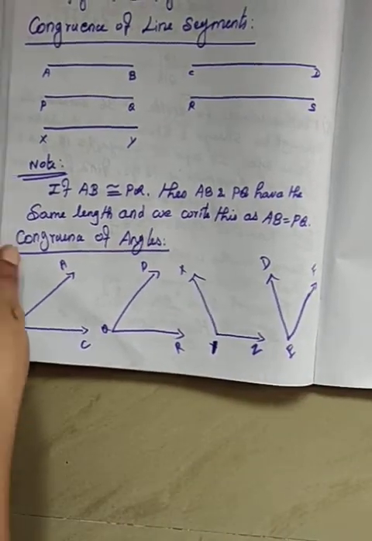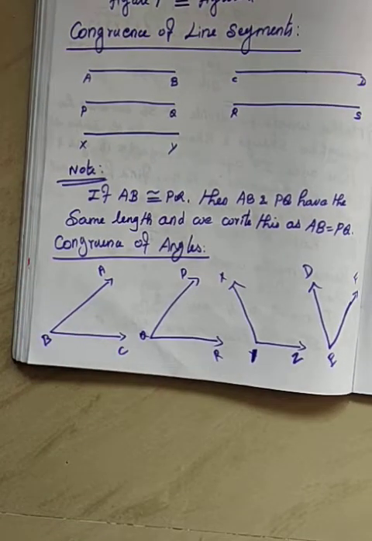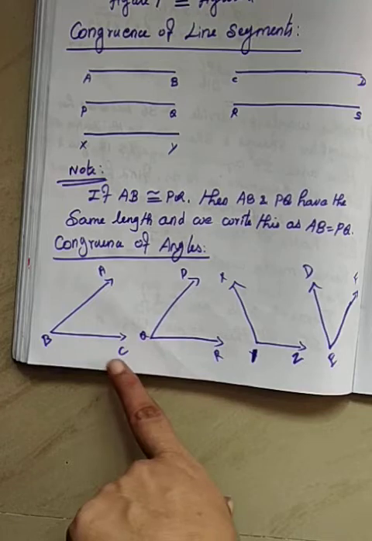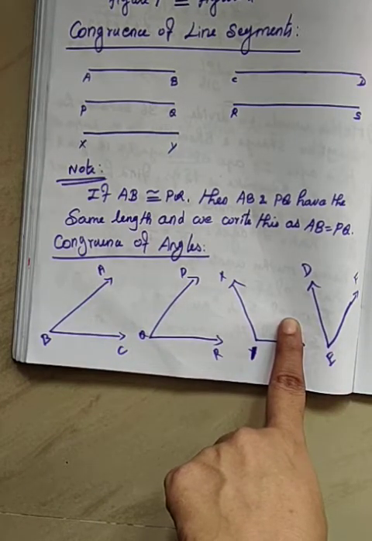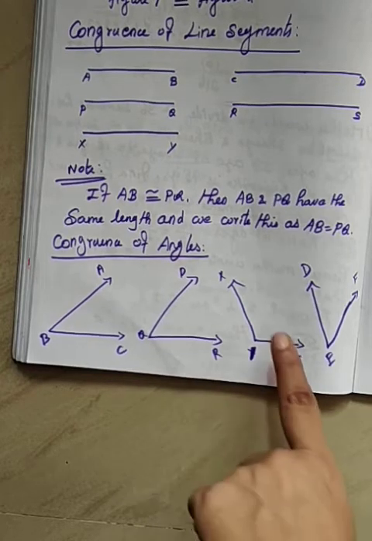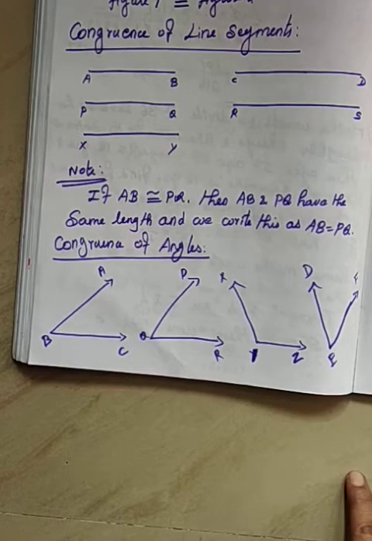To check whether the angles are congruent, we have to make a replica of one angle and place it on the other angle.